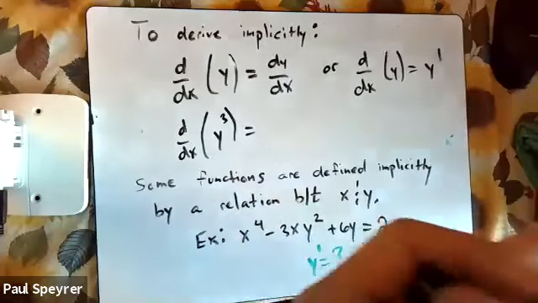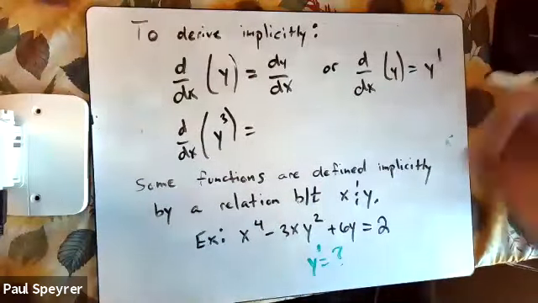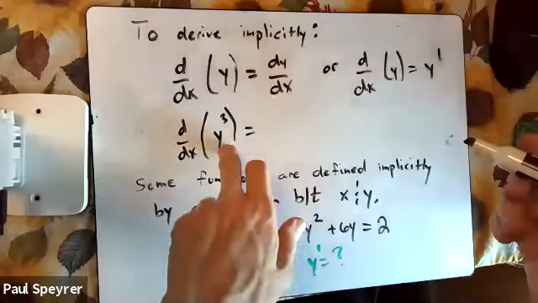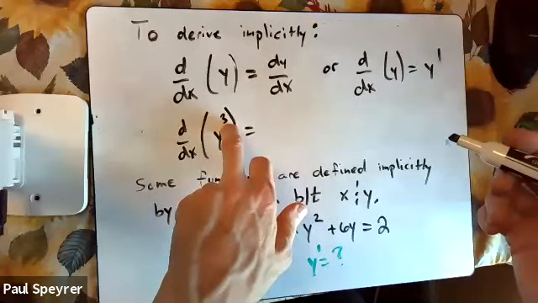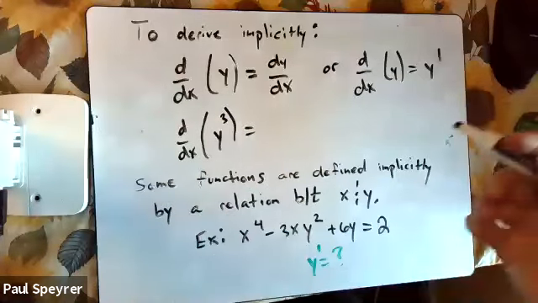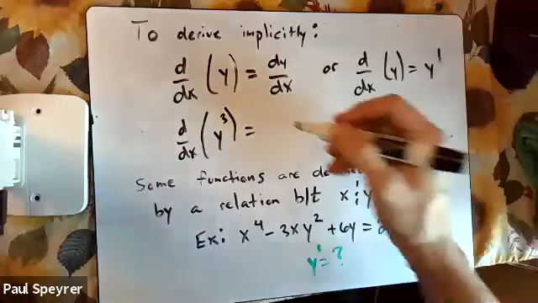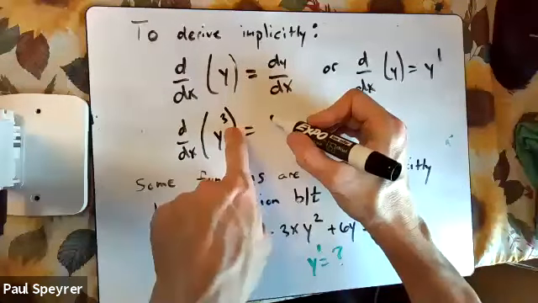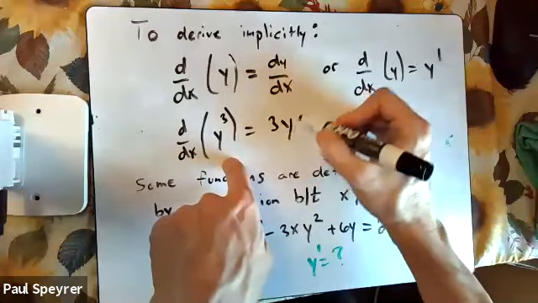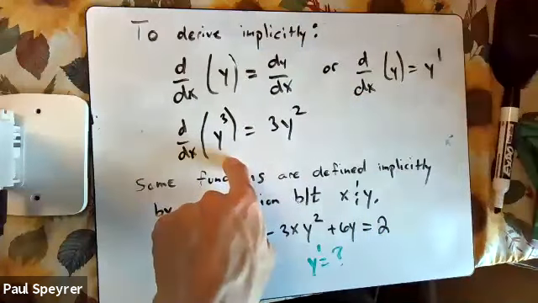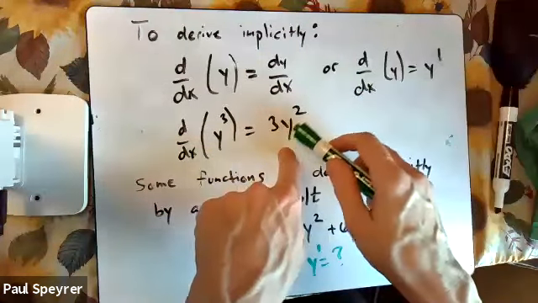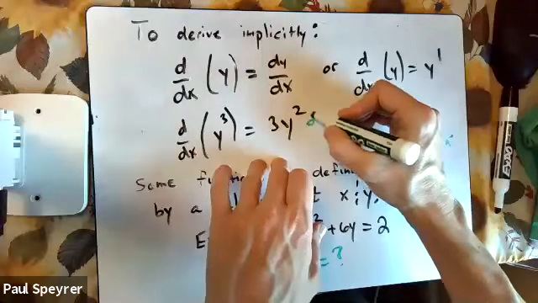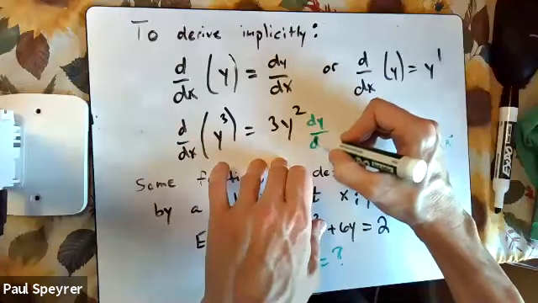Well, you still have to apply the power rule like we did with x's. If we were taking the derivative of x cubed, it would just be 3x squared. It's very similar here, but since we're differentiating with respect to x, we're still going to have 3y squared, but then we have to take the derivative of the inside, y with respect to x, and in doing so you have dy dx.